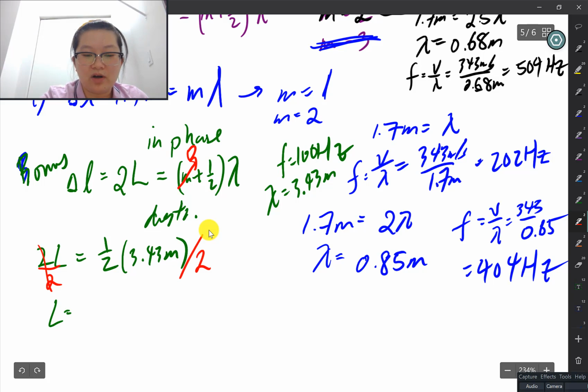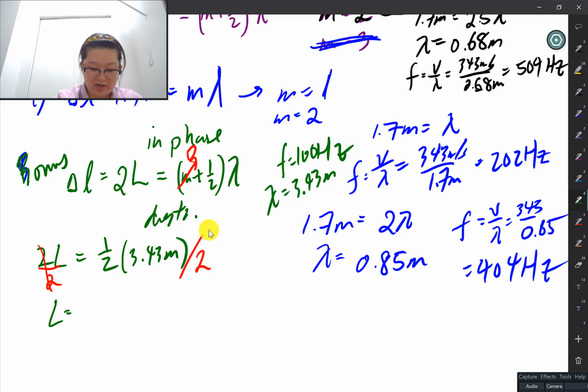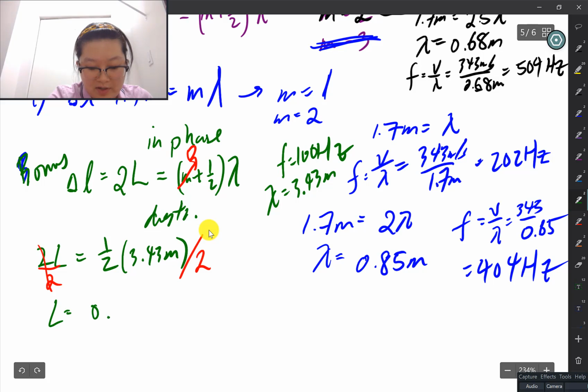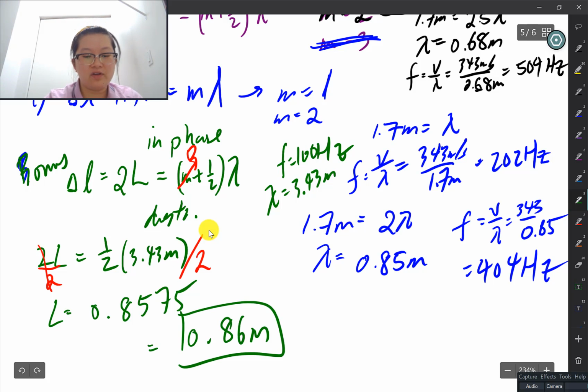Bam, bam. We're going to get 3.43 divided by 4. Ooh, we're going to get 0.8575 meters. Let's just say this is roughly about 0.86 meters. So this is going to be the length of our chamber.